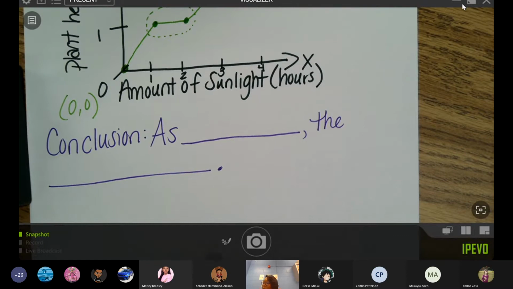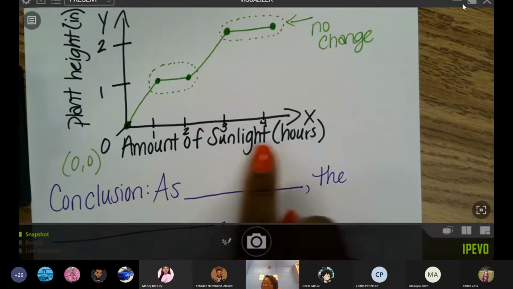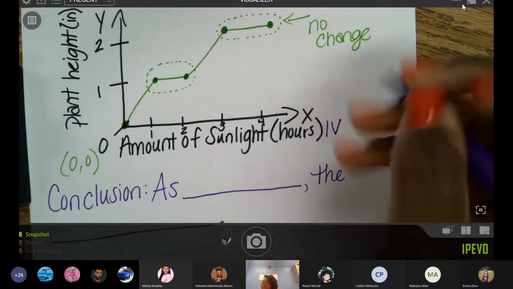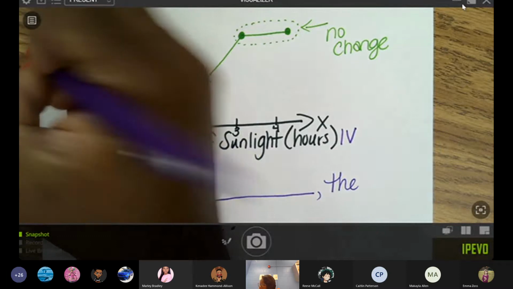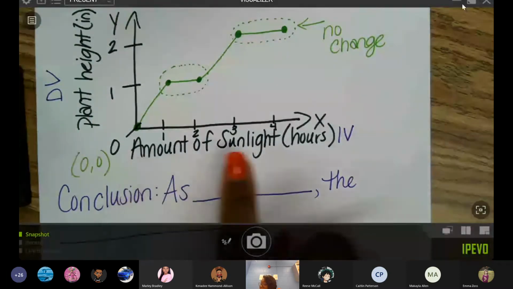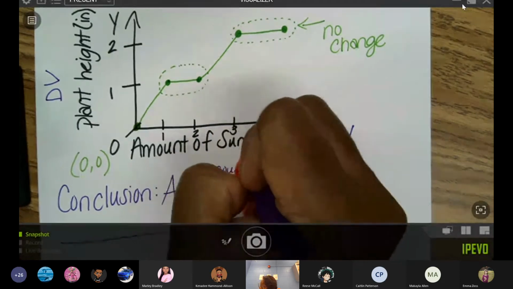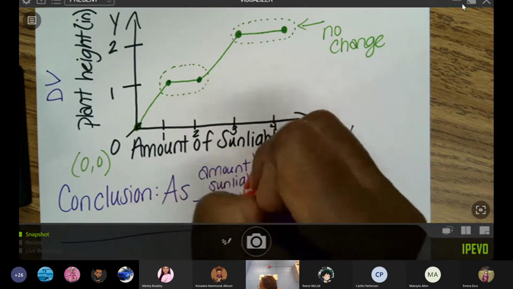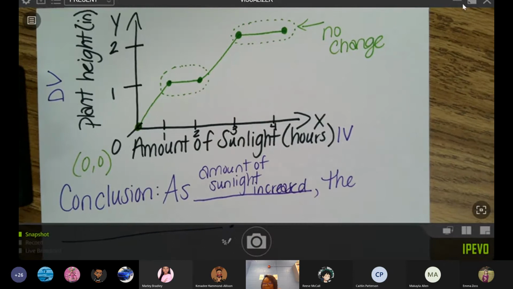What we want to talk about is what mostly happened in this chart, and how the amount of sunlight, our independent variable, is related to the plant's height, our dependent variable. What we see here is as the amount of sunlight increased, what happened to the growth of that plant?